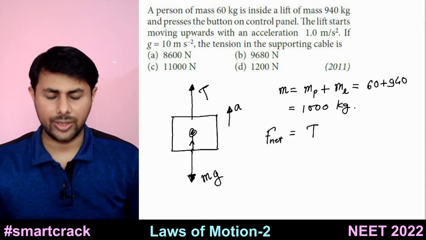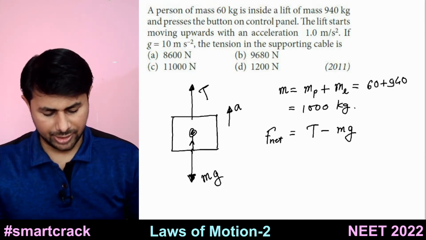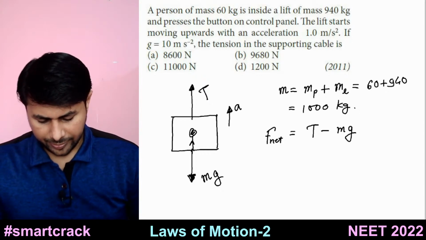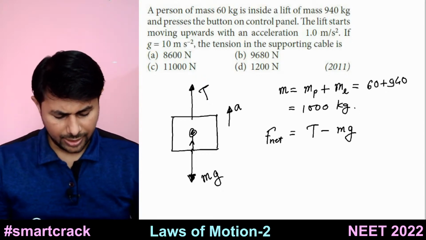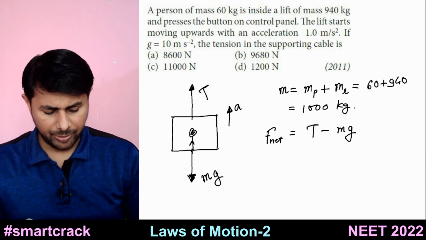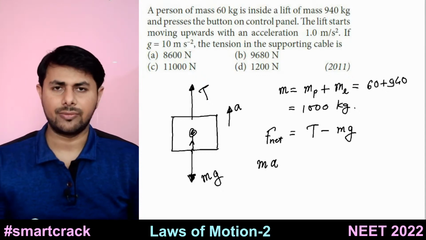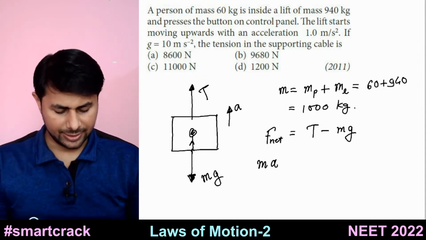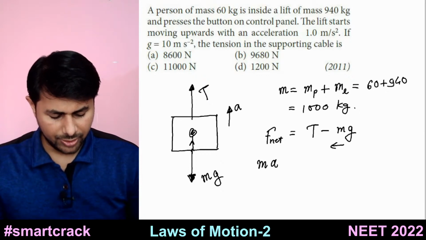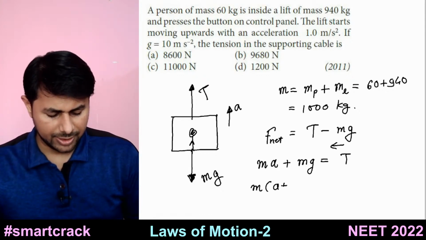It is total upward force minus total downward force, that is tension minus mg. What will be the net upward force? It will be equal to m into a, total mass multiplied by acceleration. Now let's move mg to the other side. So we get ma plus mg equals tension, or you can take m common, so it is m times (a plus g).